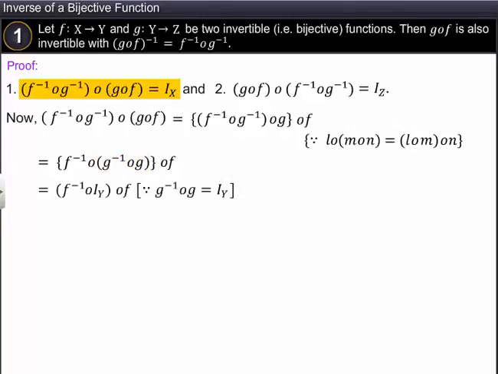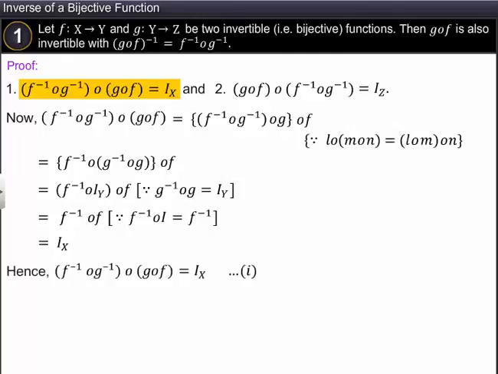Now the composition of f and f inverse is an identity mapping from Y to Y. Also, the composition of identity mapping with g inverse is g inverse. So we get g circle g inverse, which is again an identity mapping. Hence the composition of g circle f and f inverse circle g inverse is an identity mapping.